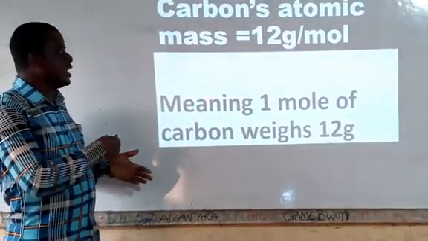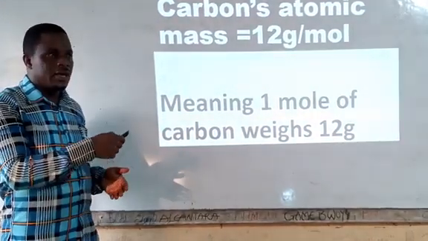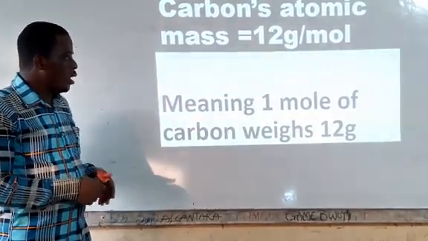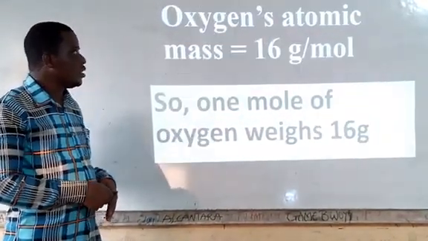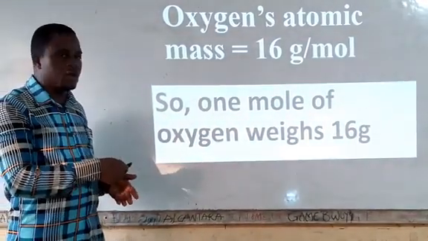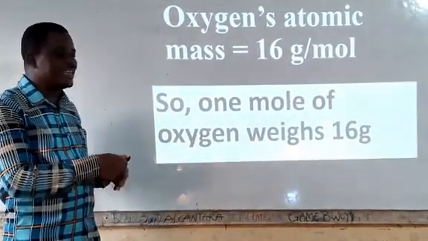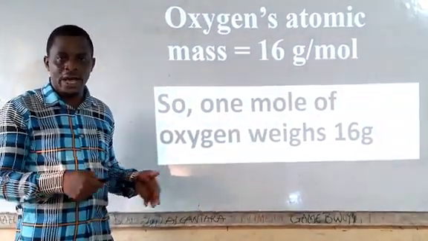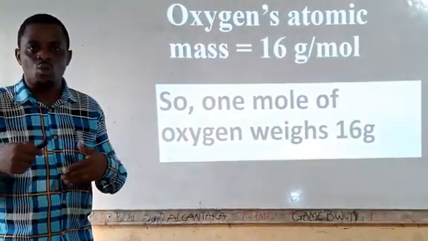Let's see this. We have carbon's atomic mass equals 12 grams per mole, meaning 1 mole of carbon weighs 12 grams. Oxygen atomic mass equals 16 grams per mole. So 1 mole of oxygen weighs 16 grams. In the same way, when we pick hydrogen, 1 mole of hydrogen has its own weight. 1 mole of nitrogen has its own weight.